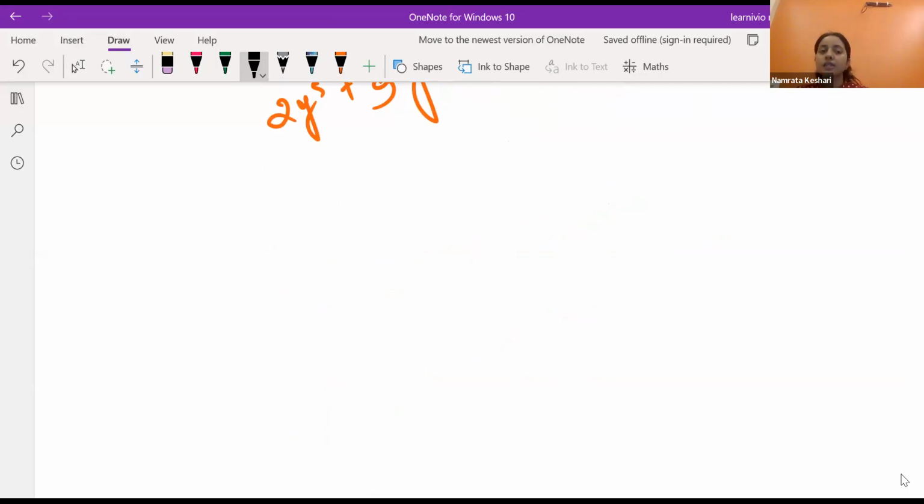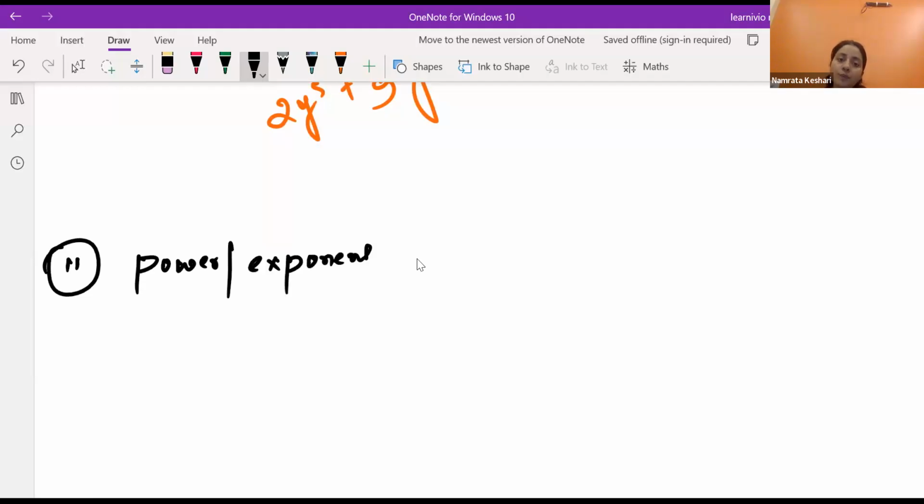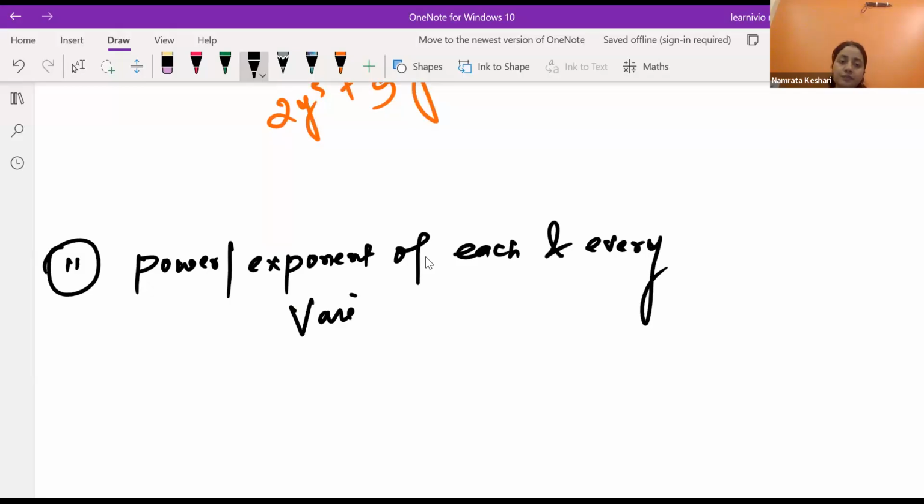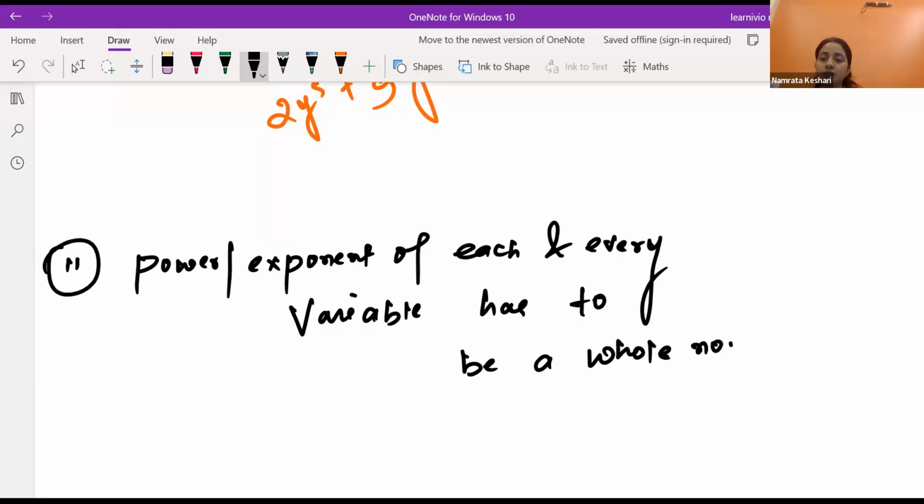If that is the case, then check the next condition, that the power or exponent of each and every variable has to be a whole number. Power of each and every variable has to be a whole number.